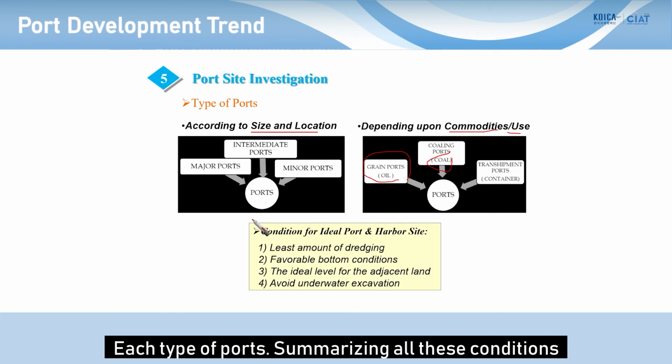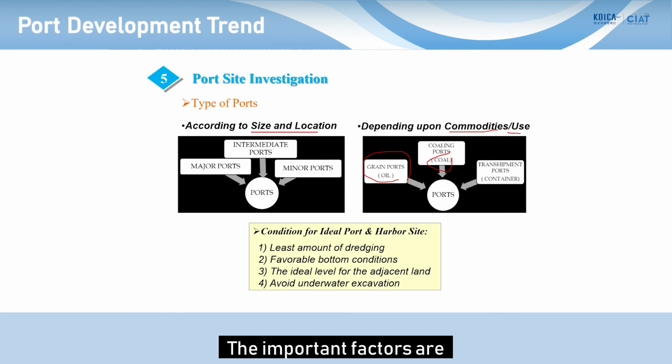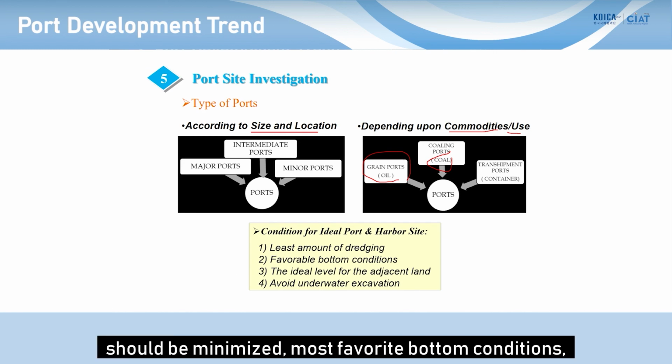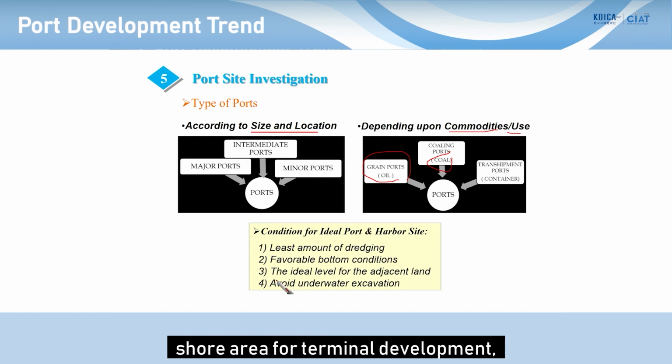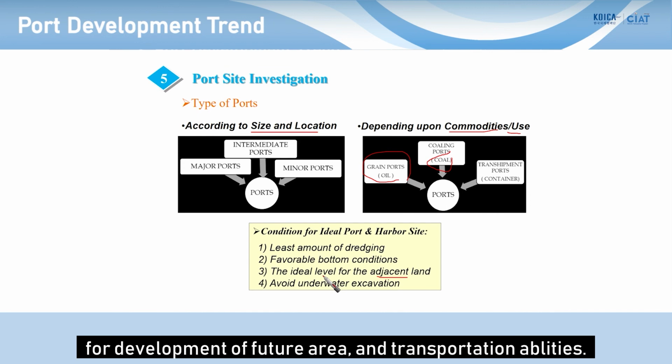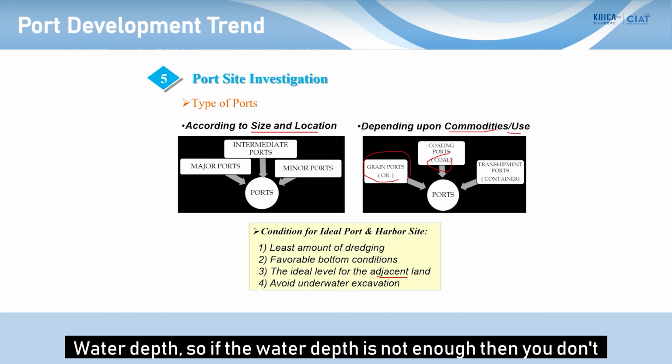Summarizing all these conditions, the important factors in selection of a port site are: the amount of dredging should be minimized, most favorable bottom conditions, most suitable shore areas for terminal development, enough space, over 200% considered for future development of the area, and transportation accessibility, water depths.